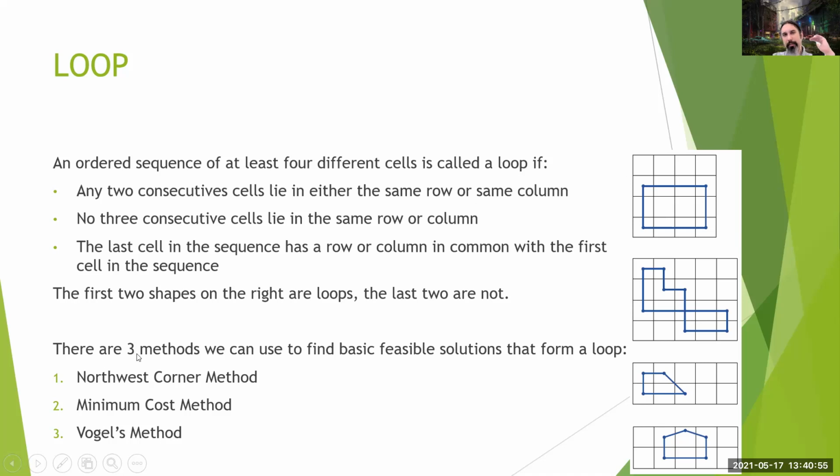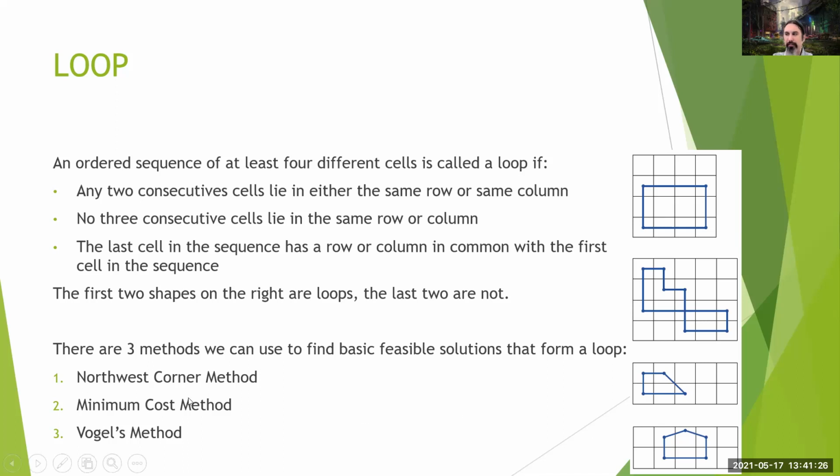Now, when we're finding the basic feasible solution, we will want to start with one of three methods: the northwest corner method, the minimum cost method, or Vogel's method. These are in order of increasing complexity. Northwest corner is the easiest one to apply, but it gives a very simple initial solution, and it may force you to make lots and lots of iterations till you find the optimal solution.